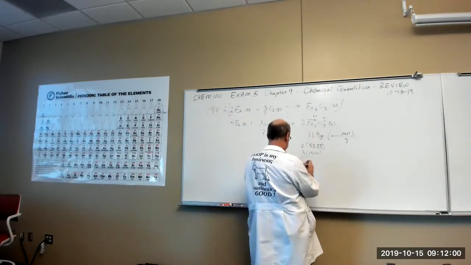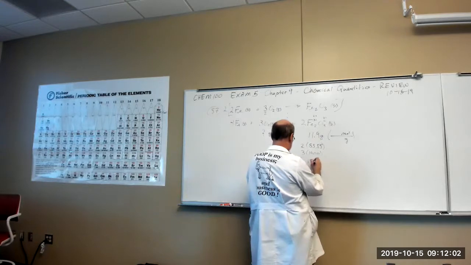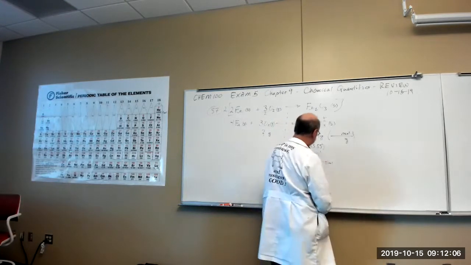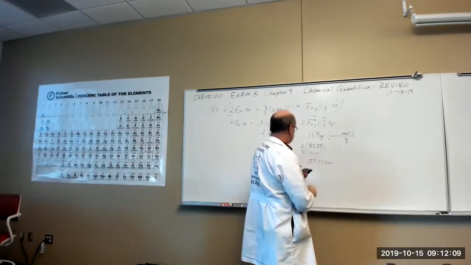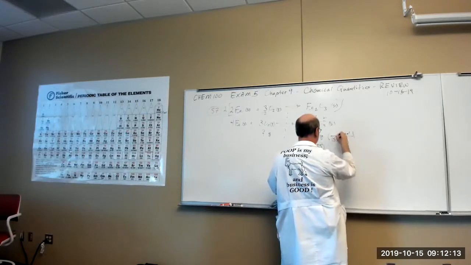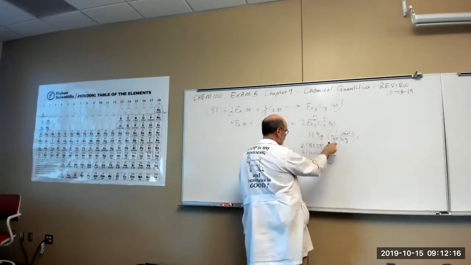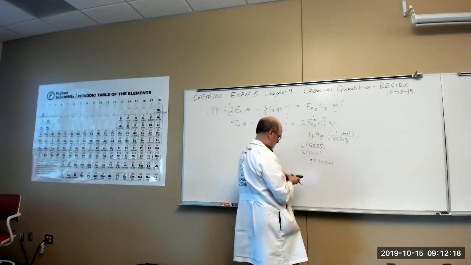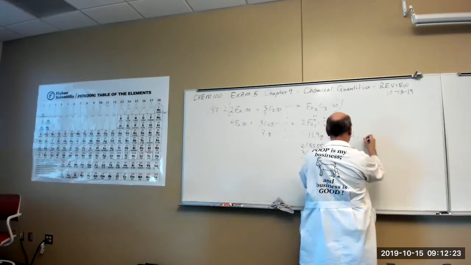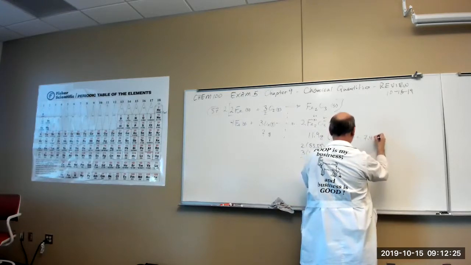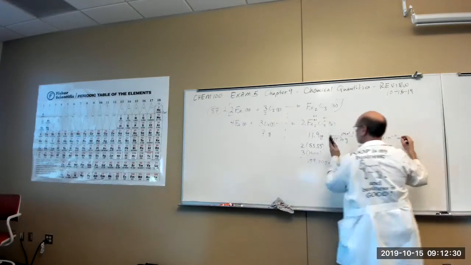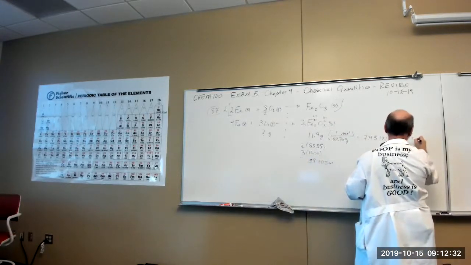Made it all the way through the 6th grade. And mole. Okay, so this is 159.70. Divide that by this number. 7.451 times 10 to the minus 2 moles of Fe2O3.